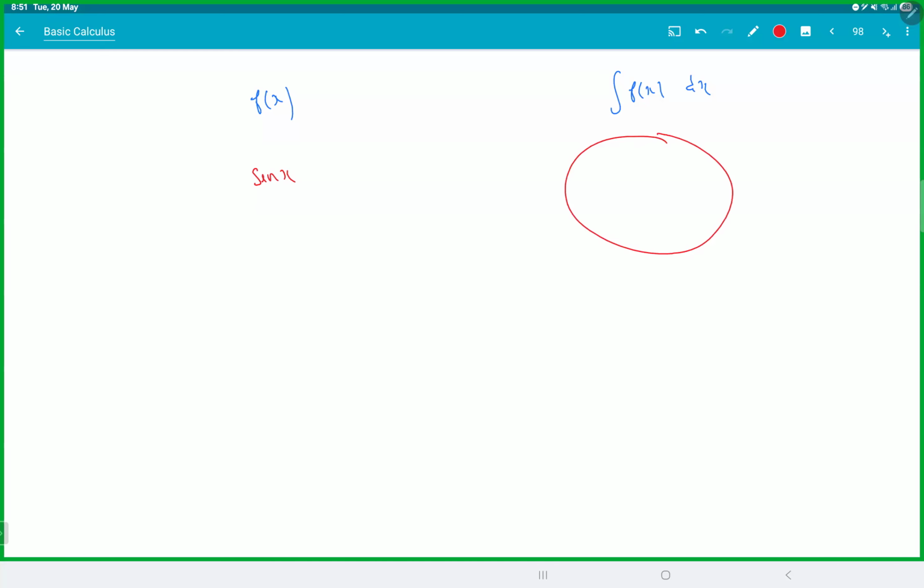Whatever answer I get here, if I differentiate, I should get sin x. Minus cos x. The derivative of cos x is minus sin x, so if you put a minus, differentiating minus cos x gives minus of minus sin x, and I'll get sin x back. That is one way to remember.